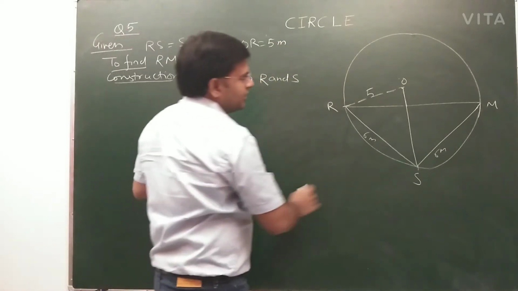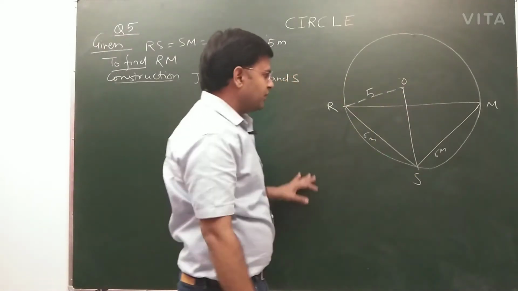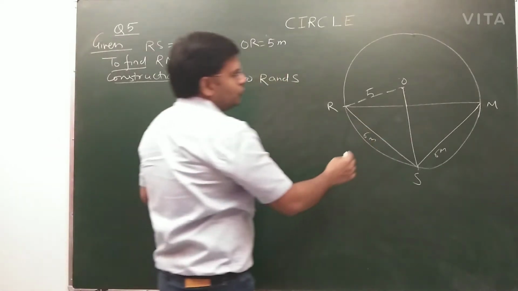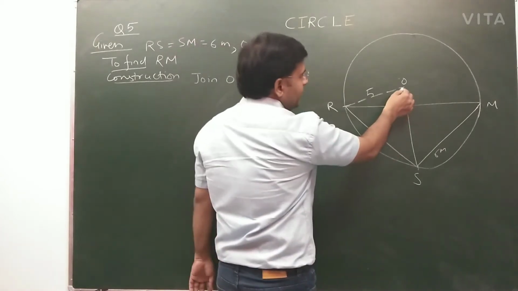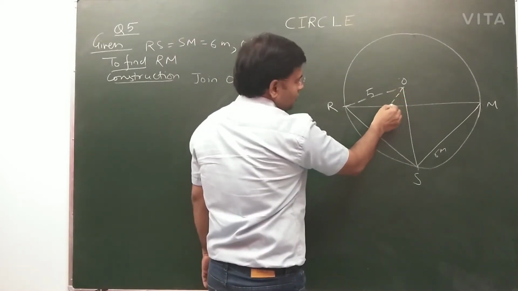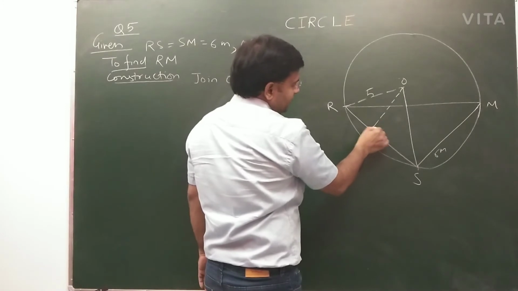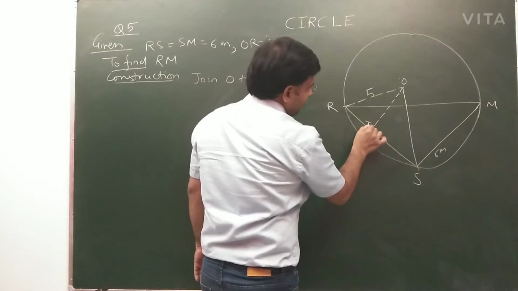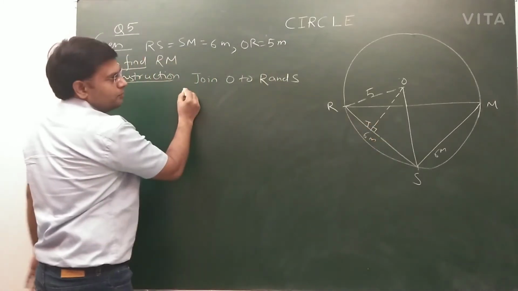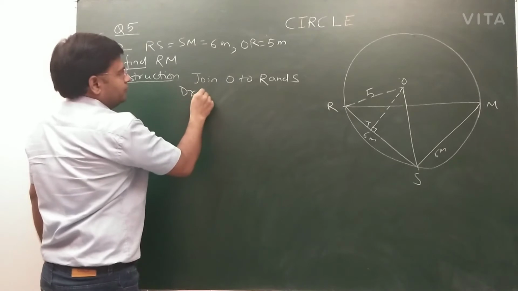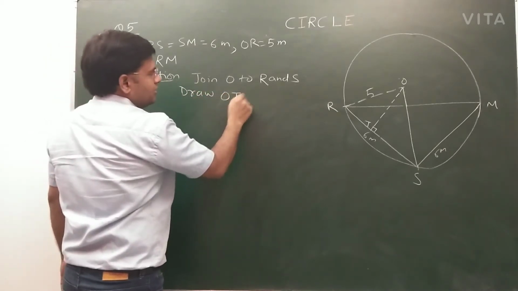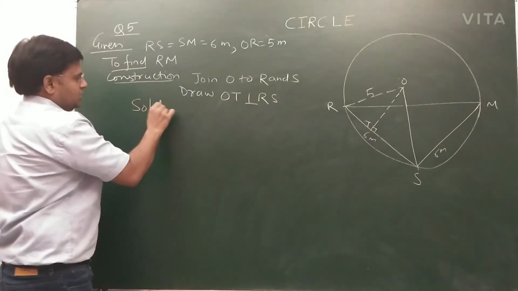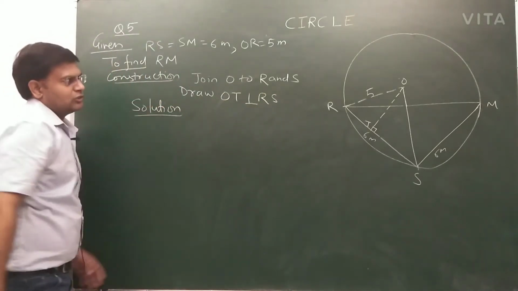So this is 5 meter given, so this OS will also be 5 meter, and you have to find this RM. Now you know, if I draw any perpendicular from the center to any chord, then it bisects the chord. So let's say this as T. So I am marking this as T here. So another construction is draw OT perpendicular to RS.